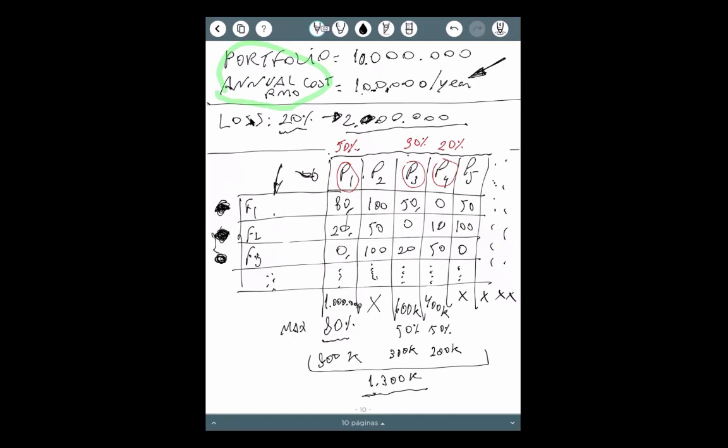Okay, so let's suppose that my PMO costs 1 million per year. Let's use a number a little higher here, 1 million.